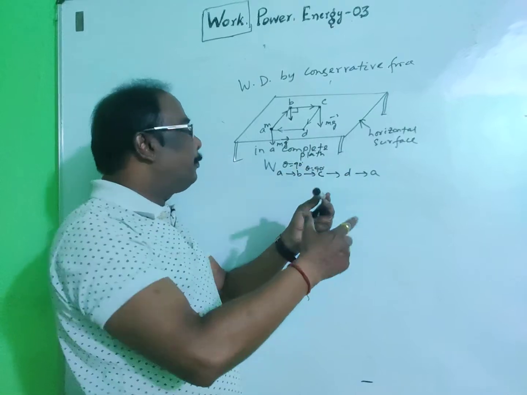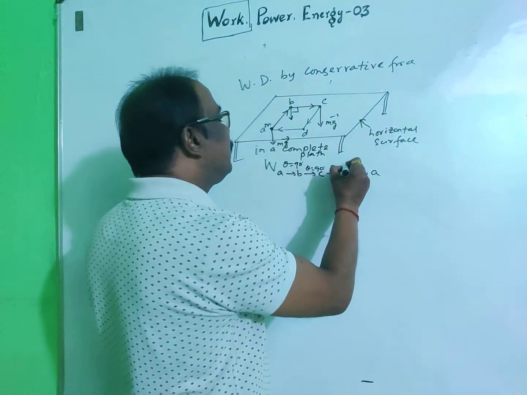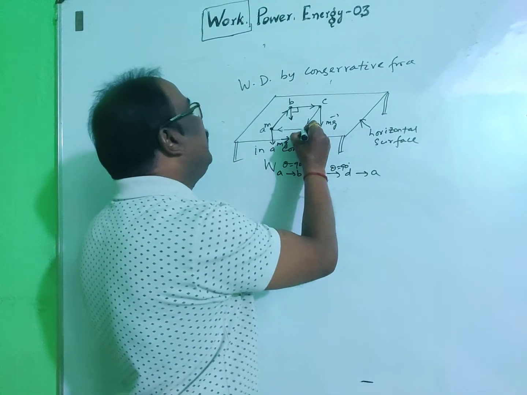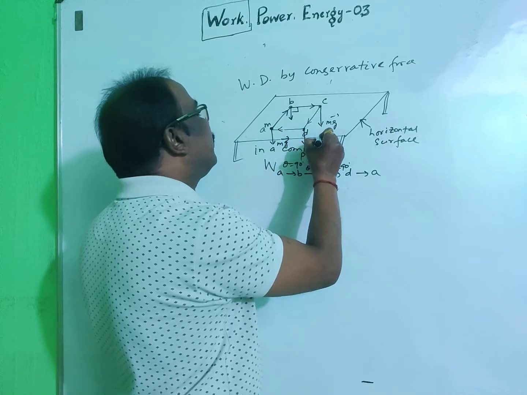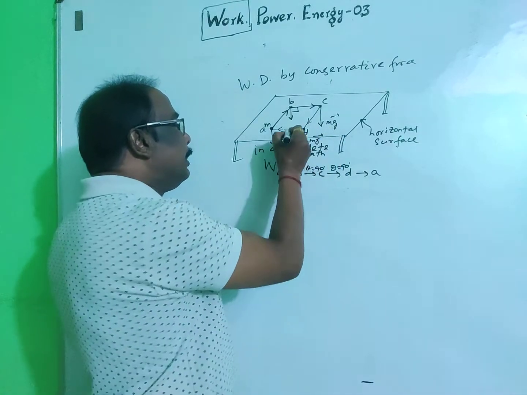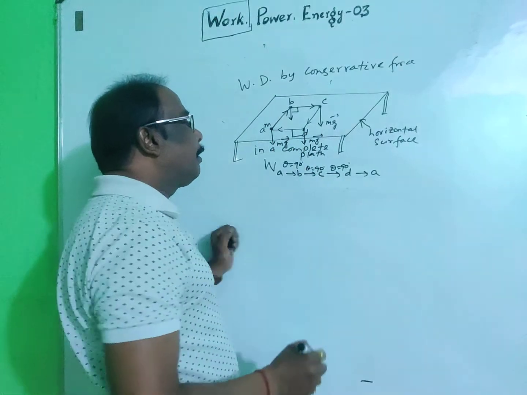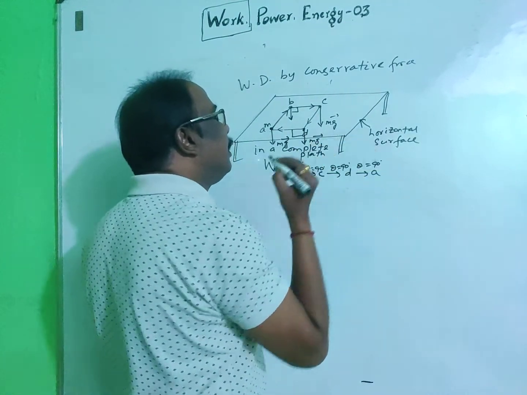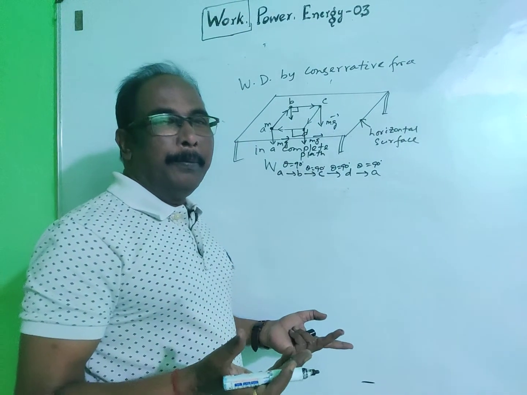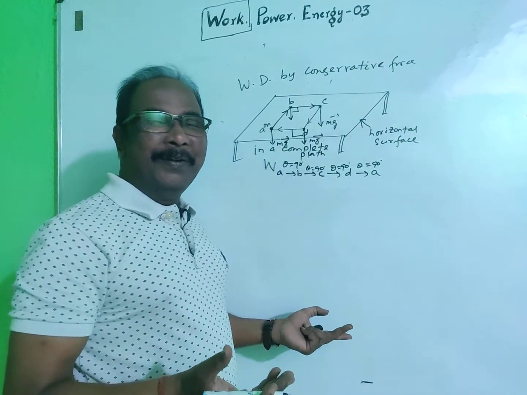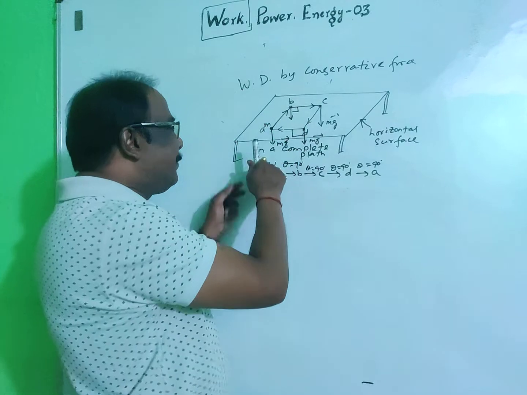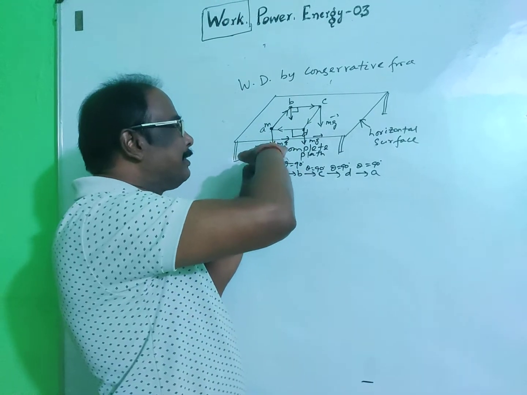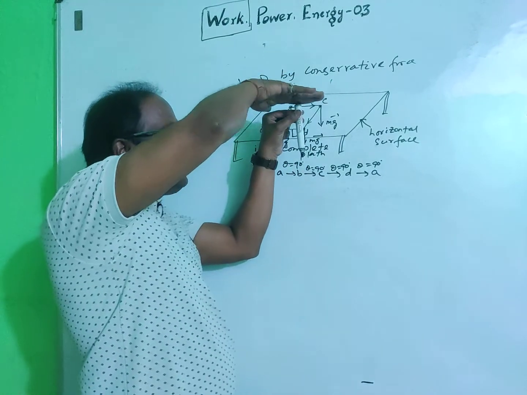Here also theta is 90. Then from D to A, here weight or gravitational force is mg, and displacement is perpendicular to the direction of gravitational force. Here also theta is 90. As we know, this is force, this is displacement.